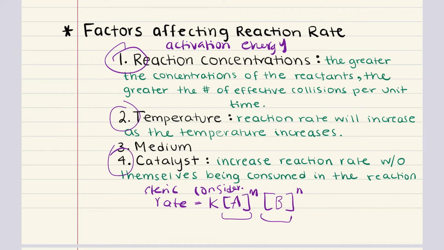The last point that we want to talk about is catalysts. So catalysts are substances that increase the reaction rate without actually being consumed in the reaction. They work by lowering the activation energy, either by providing an alternative reaction pathway or by stabilizing the transition state.